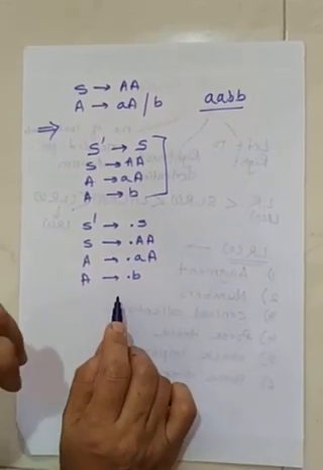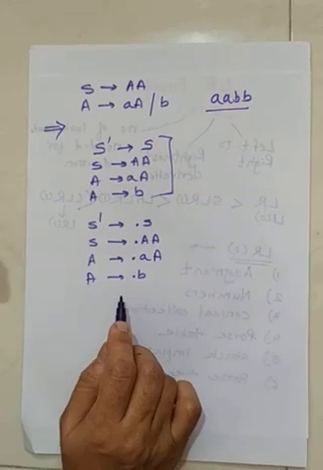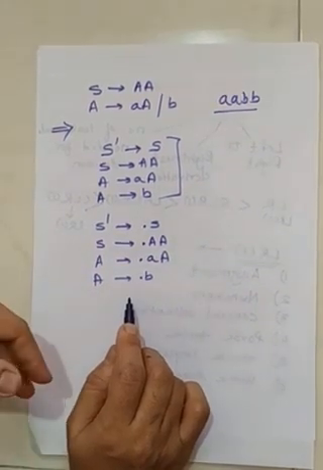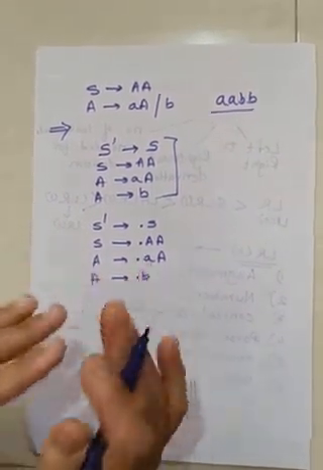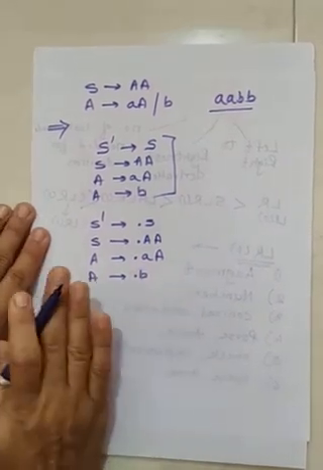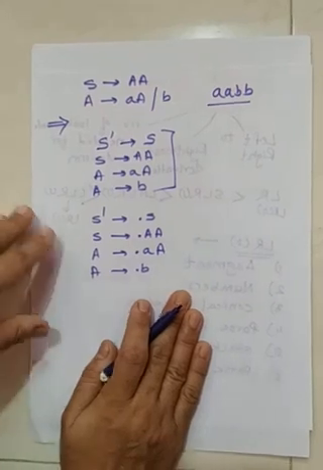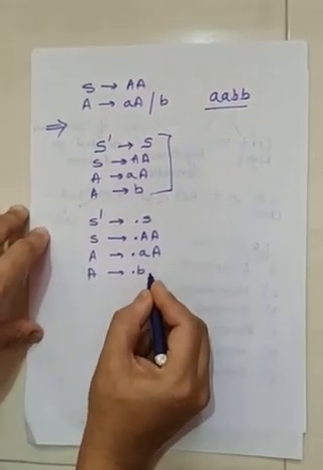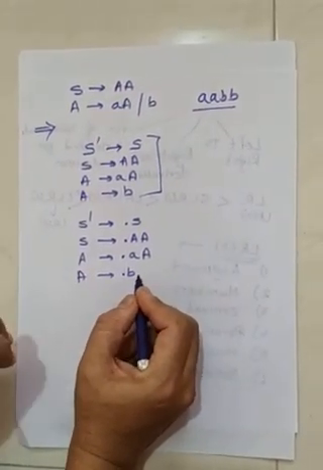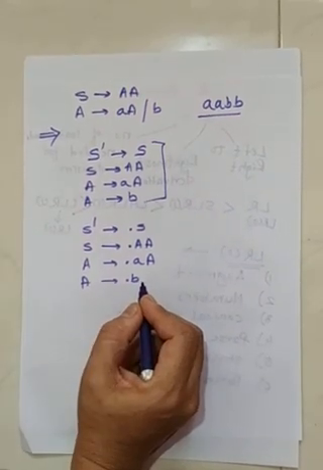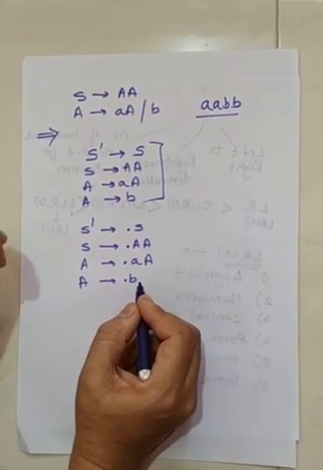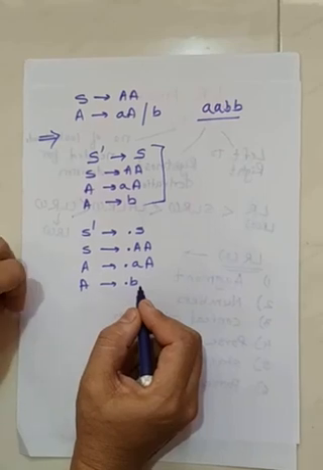Now this dot means if the dot is at the beginning, the production after it is yet to come. The production is not completed, it is yet to come. And when the dot reaches the end, it means the production is completely done. That means it is a completely reduced state.